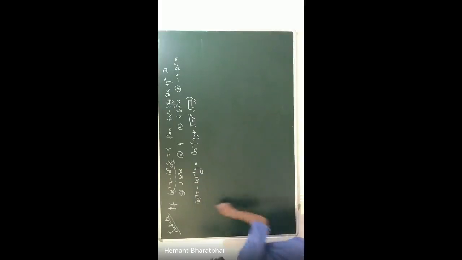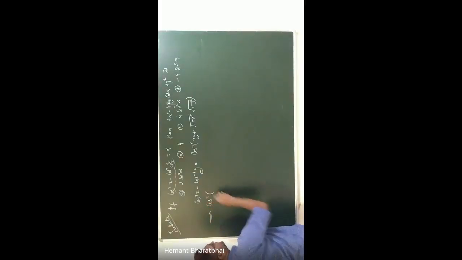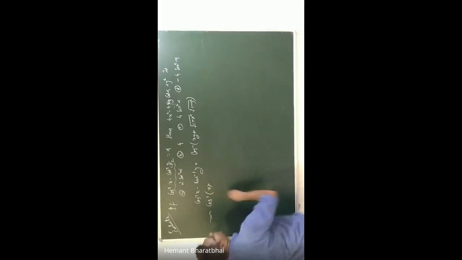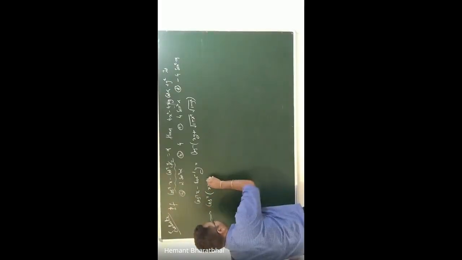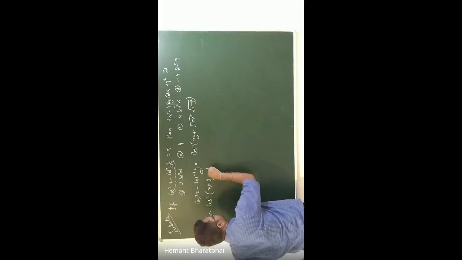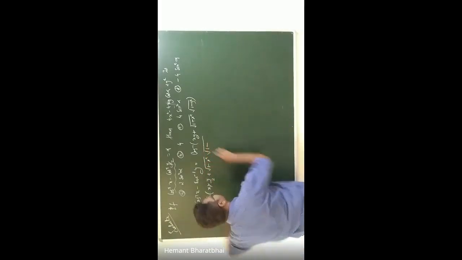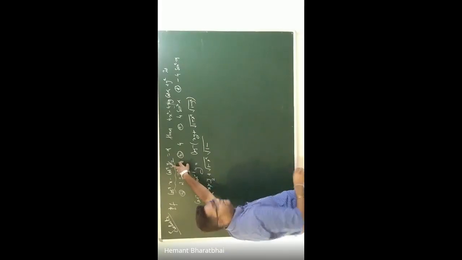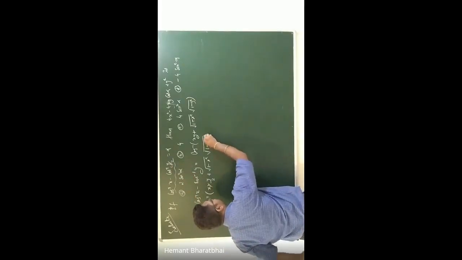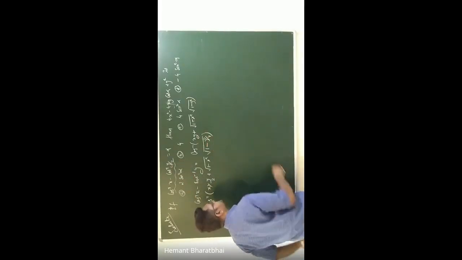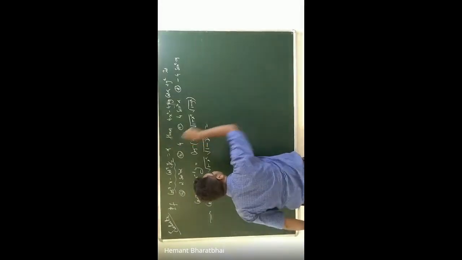So let's apply this. Here we'll get cos inverse of x into y, and instead of y we have y by 2, plus under root of 1 minus x square into under root of 1 minus, instead of y we have y by 2, so this will become y square by 4, is equal to alpha.